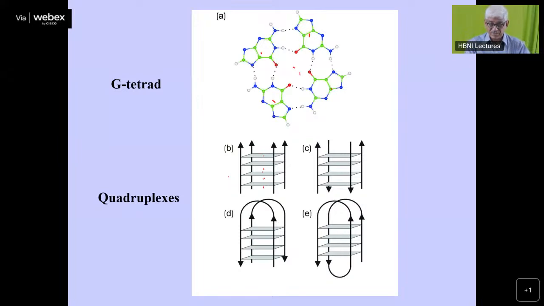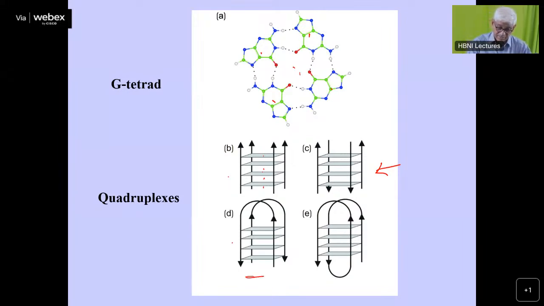Depending upon whether the chains run parallel or anti-parallel, there can be variations in the glycosidic torsion angles and the backbone torsion angles. Now, in the top 2 cases, there are 4 separate nucleotides indicated there. But in this one, there are two nucleotides going in this direction.